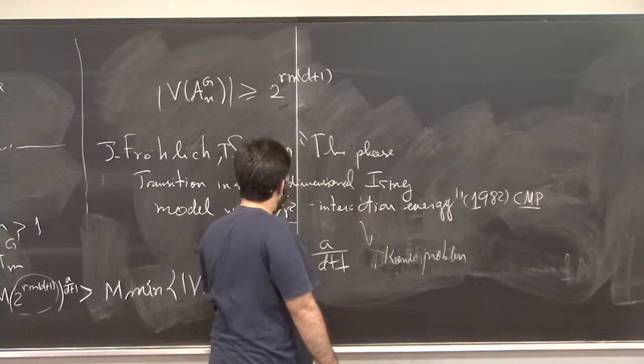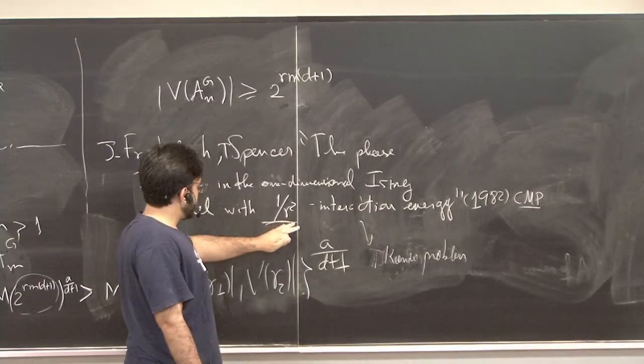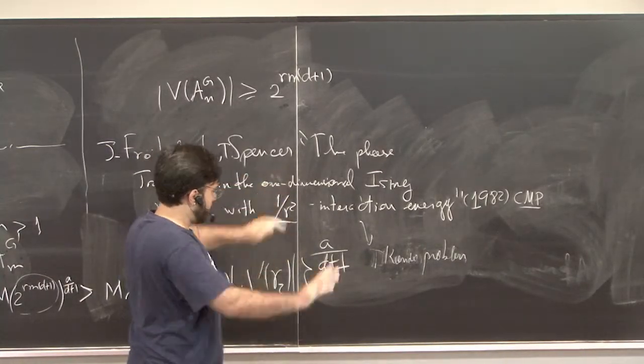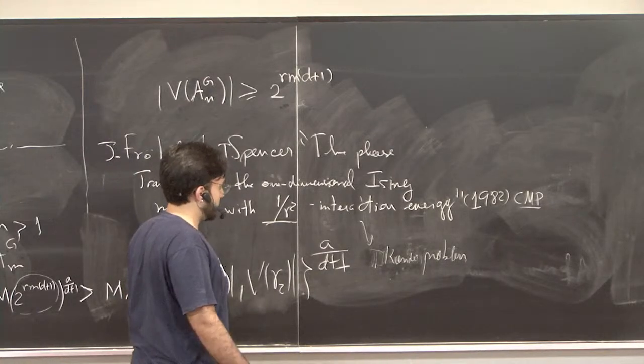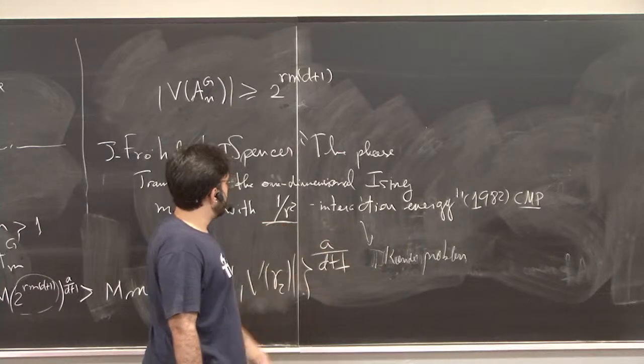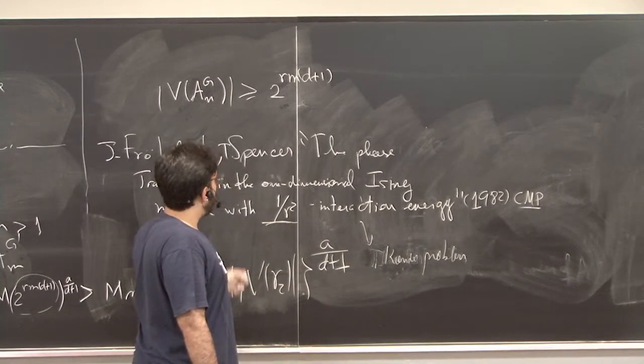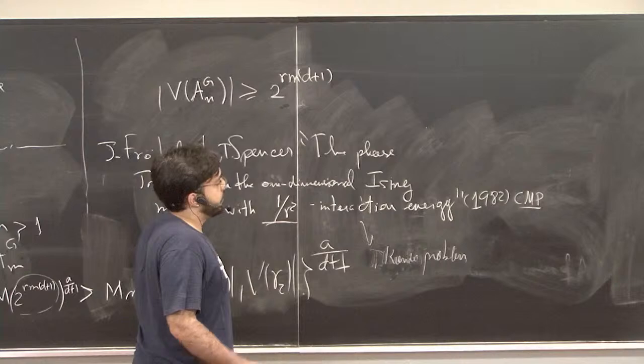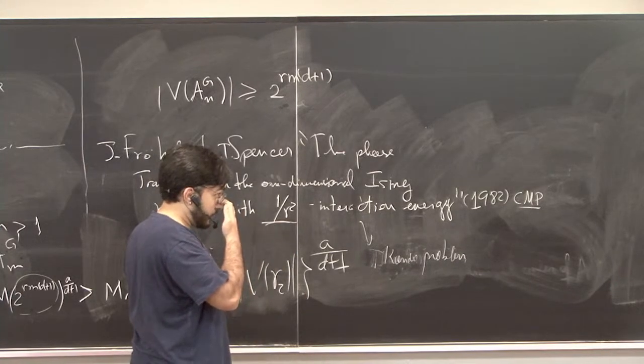This model was proposed actually by Philip Anderson first, related to another problem with this physical phenomenon, and they didn't know if this system right here had a phase transition or not, and they solved this conjecture using the multi-scale argument.